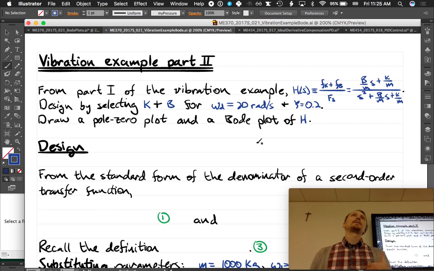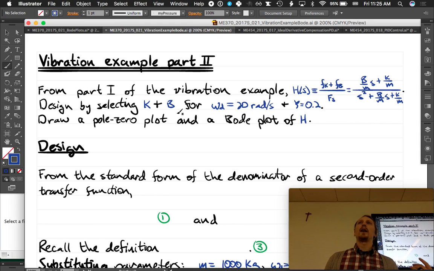And so I'm going to help us think about how we might choose the spring and the damping coefficient. So remember, this is a motor mount that we're doing the vibration example on.